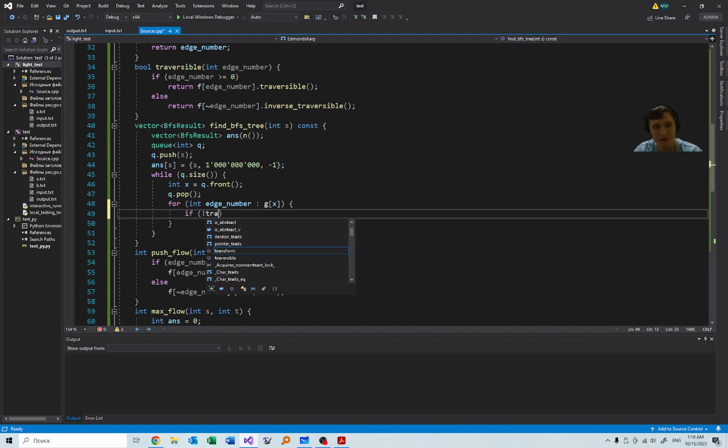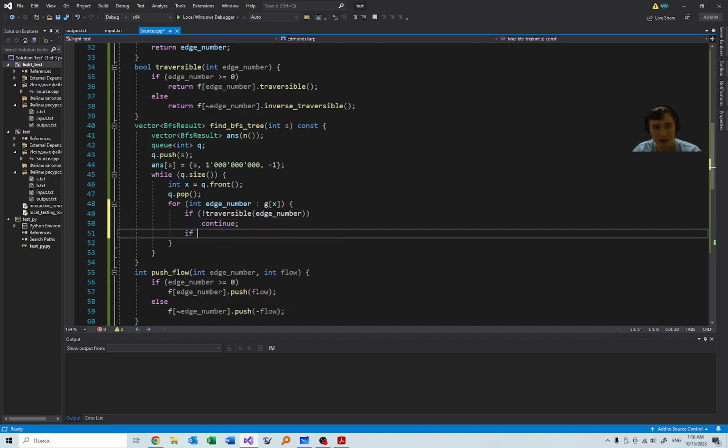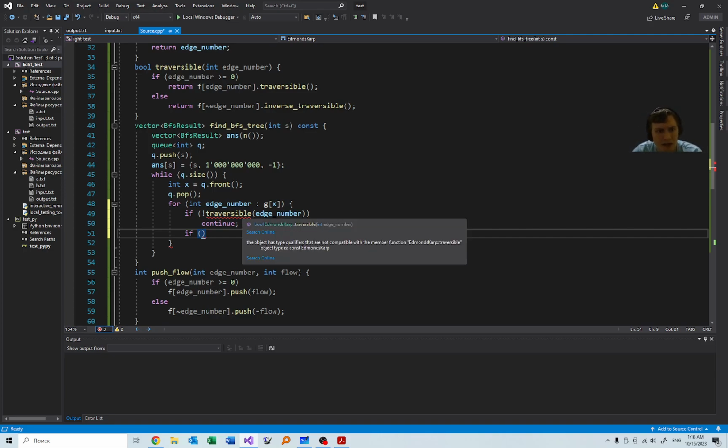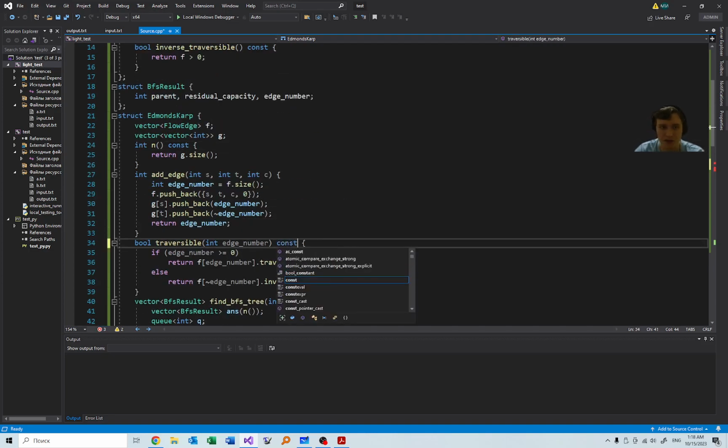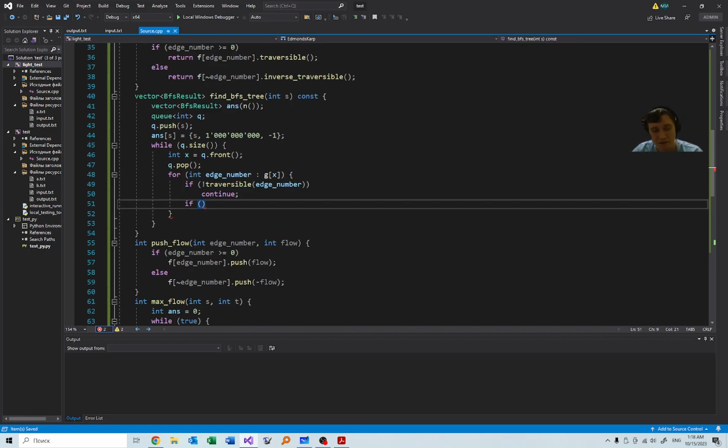Yes, so if not traversable edge number, then we just continue. If... why? Okay, I needed to put a const here. So if it is traversable, I need to check if I have already checked this vertex.